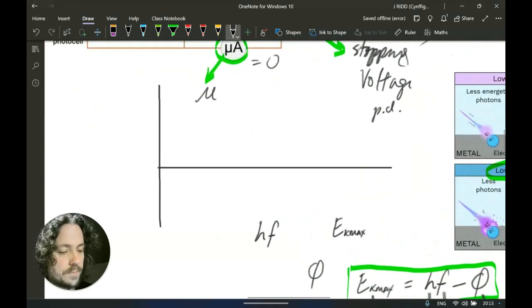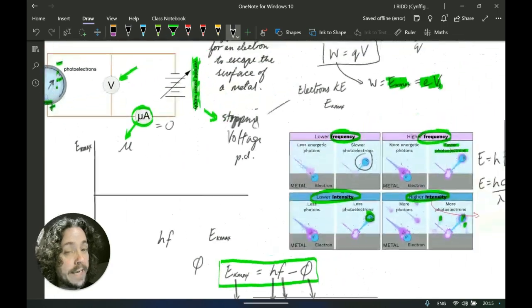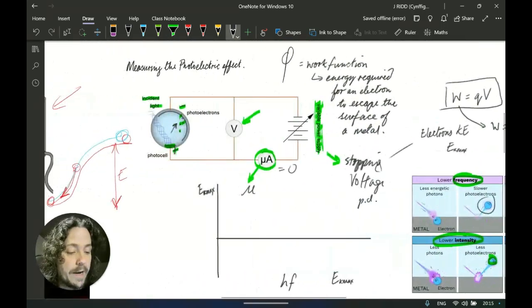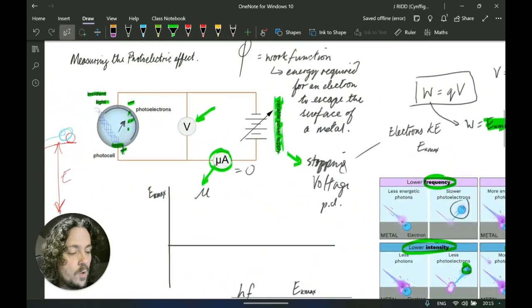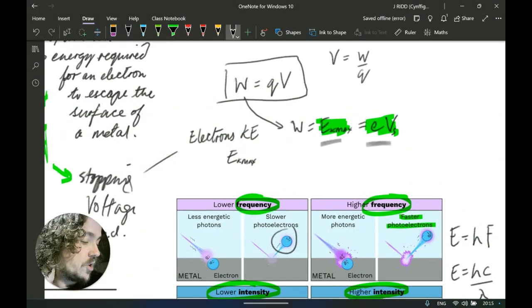Right, sure enough, if we do that, we plot Ek max on here. But we have to remember that we know what Ek max is, because in this experiment we have already just proven that Ek max can be determined by applying a stopping voltage, measuring that stopping voltage, and remembering the formula for the work done on a charged particle.